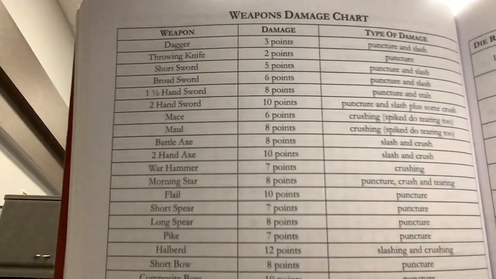Then the next thing that is different is the weapons damage chart. See that? They just go ahead and say, yep, it's hit. If you get hit with a dagger, that's 3 points of damage, puncture and slash. So that's what you do with the dagger. You're either slashing somebody with a knife or you're poking, depending on your preferred attack method.